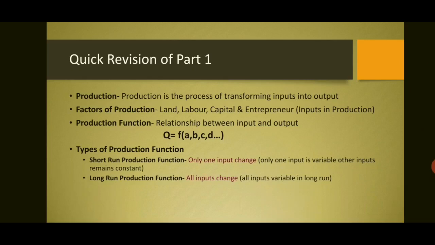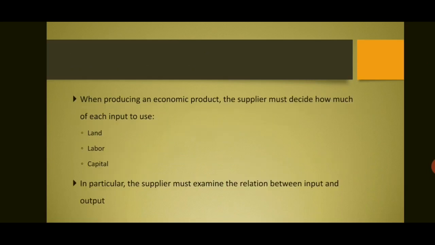so we are going to start our part 2. When producing an economic product, the supplier must decide how much of each input to use, like how much land to use for production, how many workers, that is labor, are required to produce a given output, and how much capital or machinery is needed to produce an output.